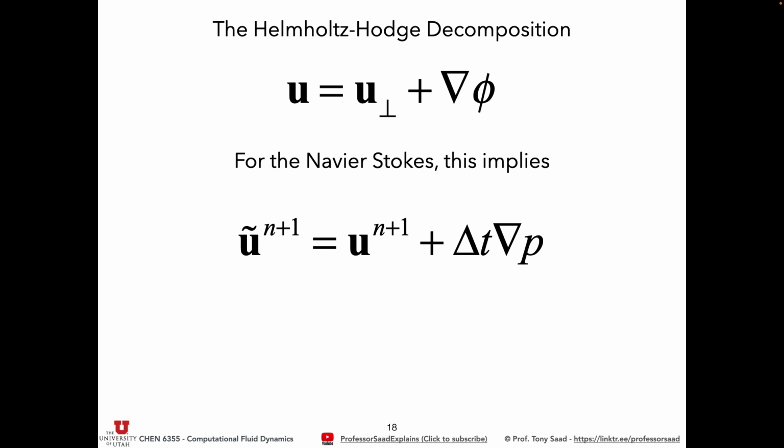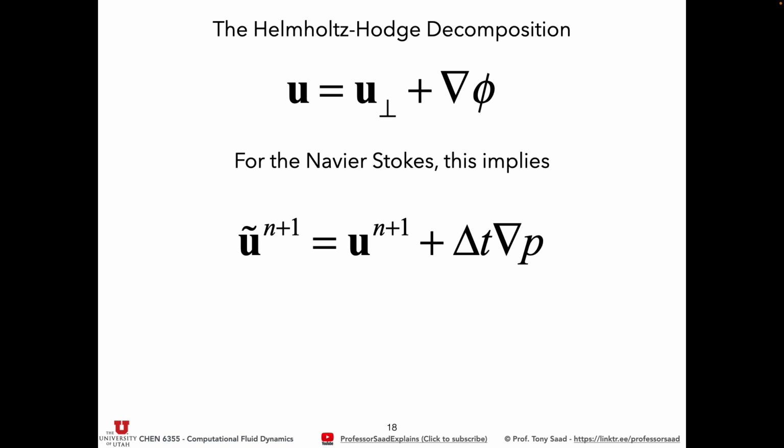If you only take the advection diffusion terms in the Navier-Stokes equations without the pressure, call them u tilde, to make them divergence free, this is what you need to do. You say, I'm going to take this one that's not mass conserving, and it's going to be equal to a mass conserving vector field plus the gradient of a scalar. That scalar is just simply essentially that pressure. That's how that works. So you don't really need that other equation at the bottom.